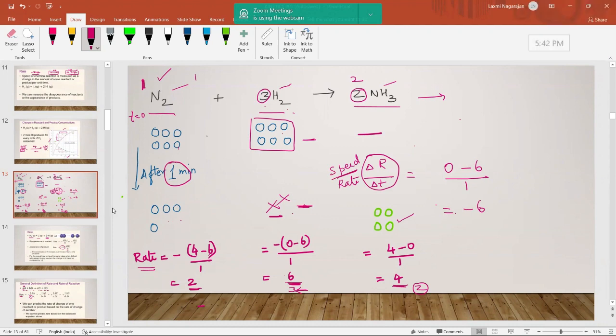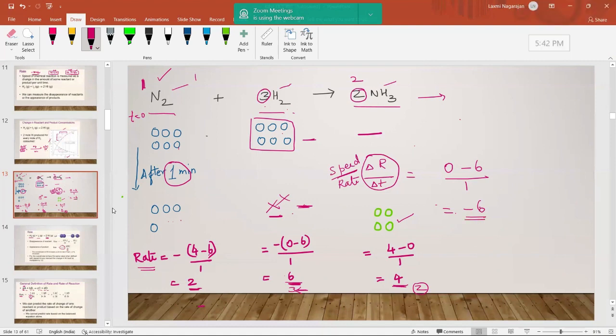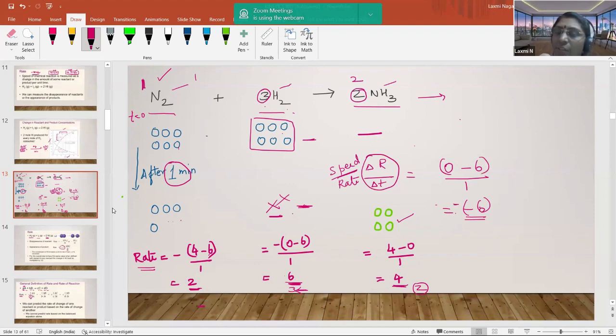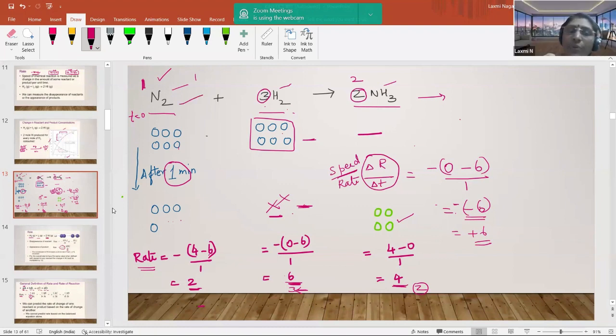No, ma'am. So what do we do to nullify this negative, sir? I can't have the speed with a negative sign. So we introduce a negative here to nullify that effect, and we'll say it is +6. So why do we introduce a negative sign when we are writing nitrogen, hydrogen terms related to rate?